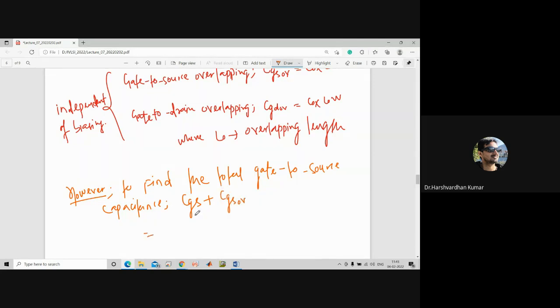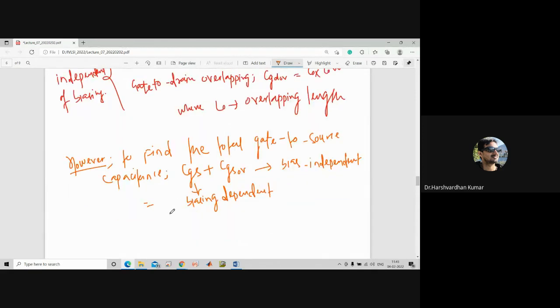We know very well this one is bias dependent, and this one is bias independent. So what do you think about the overall gate to source capacitance? It will be bias dependent or bias independent? Yes, the overall gate to source capacitance will be bias dependent in that case.